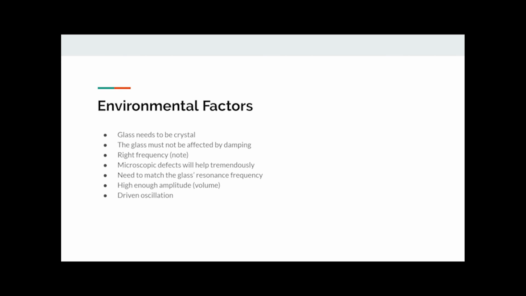You need to have the right frequency, the most important part. And you have to have high enough volume. So you have to match the pitch of the glass, match your voice or whatever to the resonant frequency of the glass, and have at least 100 decibels to break the glass.